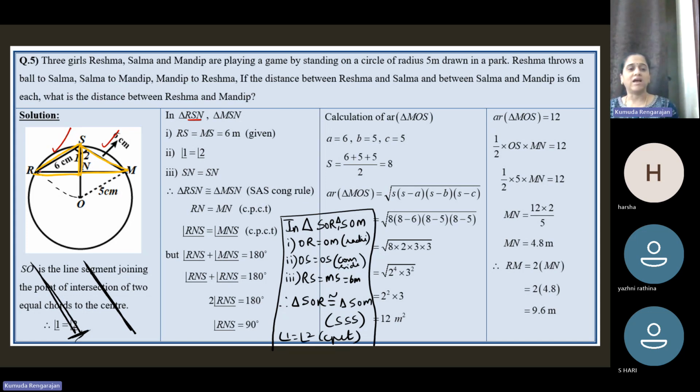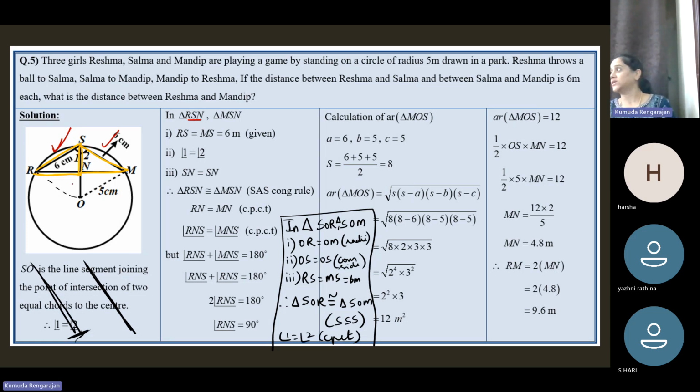In these two triangles, RS is equal to MS, correct? 6 meters. Then angle 1 is equal to angle 2, we just proved. NS is equal to NS, common side. In these two triangles, RSN and MSN, RS is equal to MS, 6 meters.